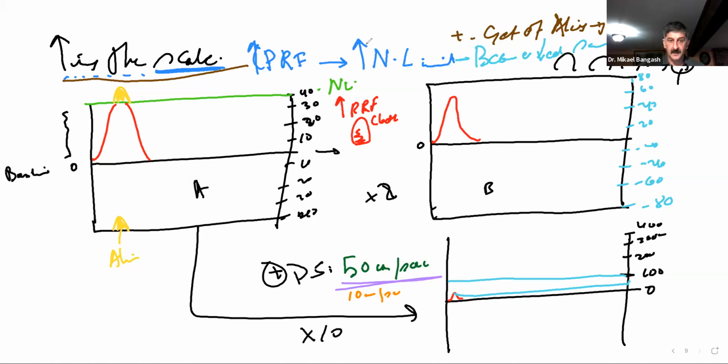And this 10 centimeters per second will be considered so low now that it will be recorded as a zero Doppler shift. Here I'm just giving you the example of spectral Doppler. But think about this: what about color Doppler as well?